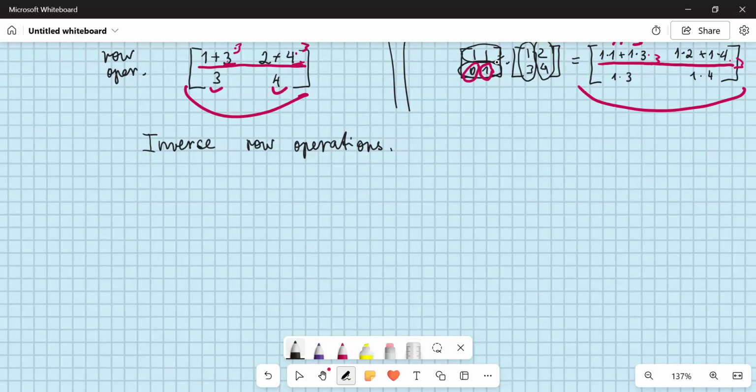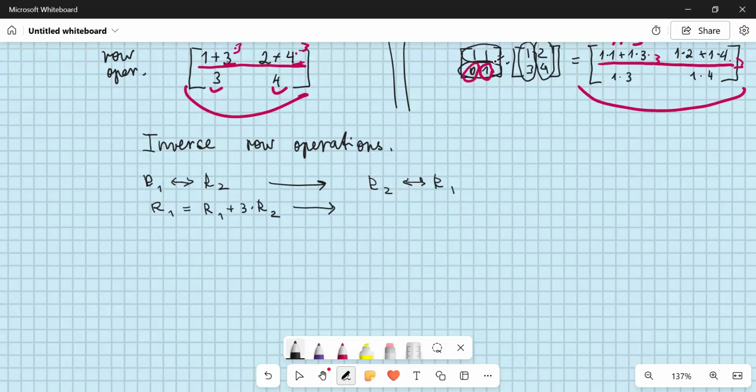For example, if your row operation was row number one exchange to row number two, inverse is going to be row number two exchange to row number one. If your row operation was, for example, multiply row number 2 by 3 and add it to row number 1, what is going to be inverse?